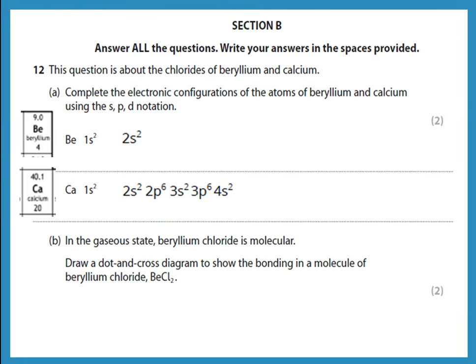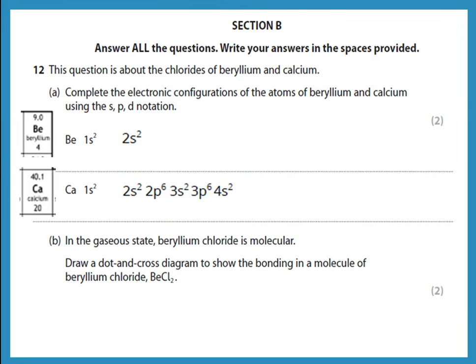Okay, and then he is asking for the dot and cross of beryllium chloride in the gaseous state. Now, you should realize that beryllium is in group 2, so group 2 should be a metal, but actually he's telling me that the beryllium chloride is molecular. The word molecular means it is covalent, and that means I must have sharing.